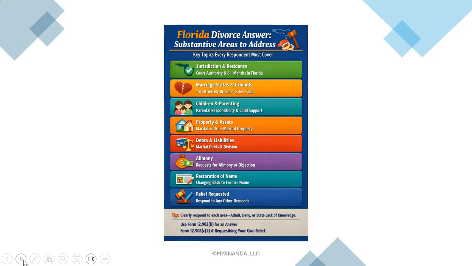But what we want to discover when we look at a petition for dissolution is to, before answering, make sure that they've cited the correct jurisdiction and residency, make sure that the petition properly asserts the grounds and the marital status, keeping in mind that irretrievably broken is a term used in Florida. That's the legal test for whether a marriage can be dissolved. And no fault comes into play here too, because fault doesn't matter.